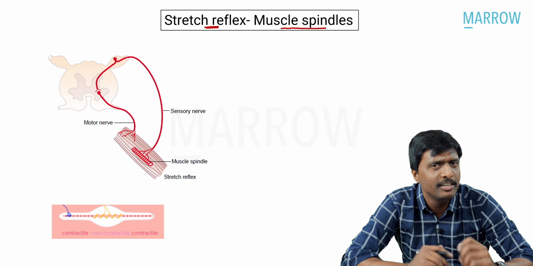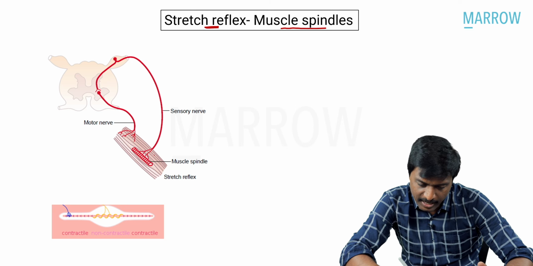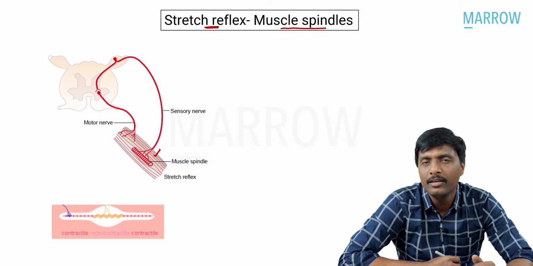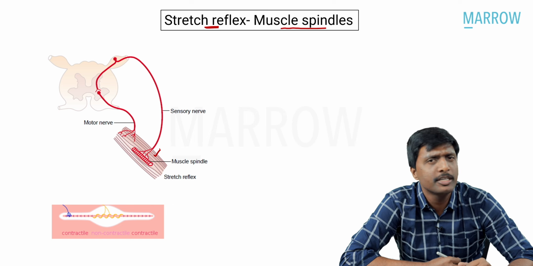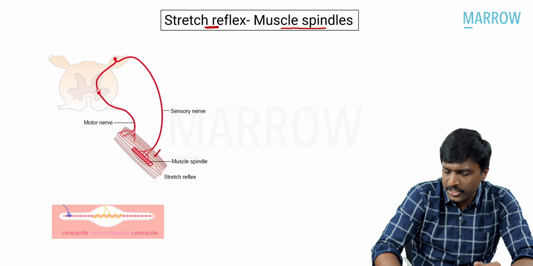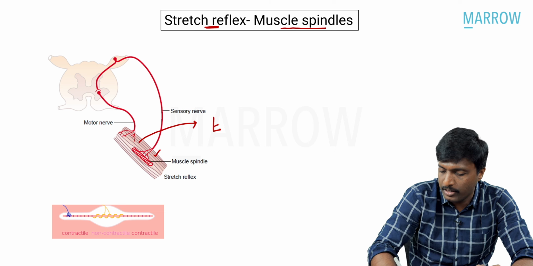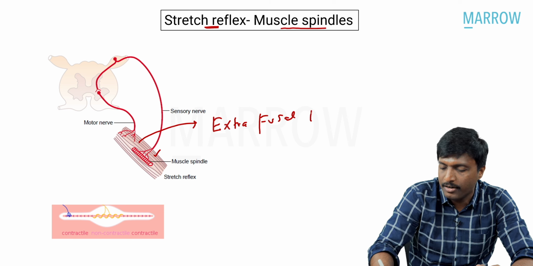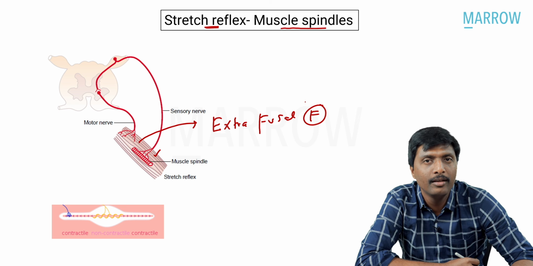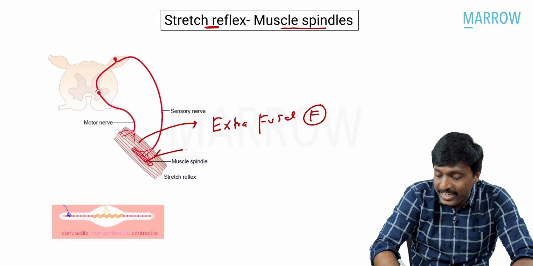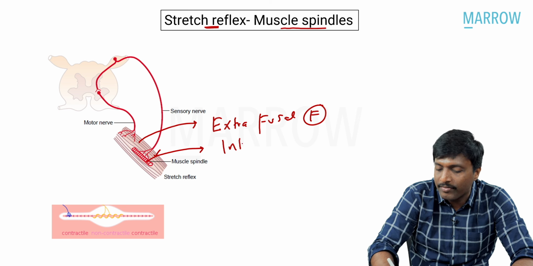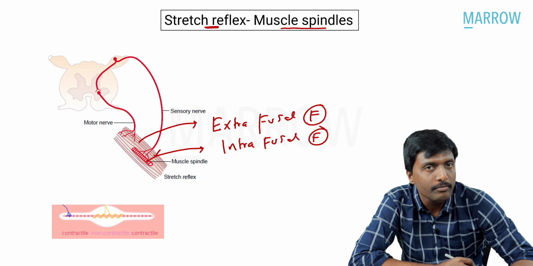To understand the muscle structure here, this is our very well-known skeletal muscle. It is having two types of fibers, my dear friends. The first type of muscle fibers, which is visible outside, we call them extrafusal fibers. The one that is buried inside, remember, they are our very well known intrafusal fibers.